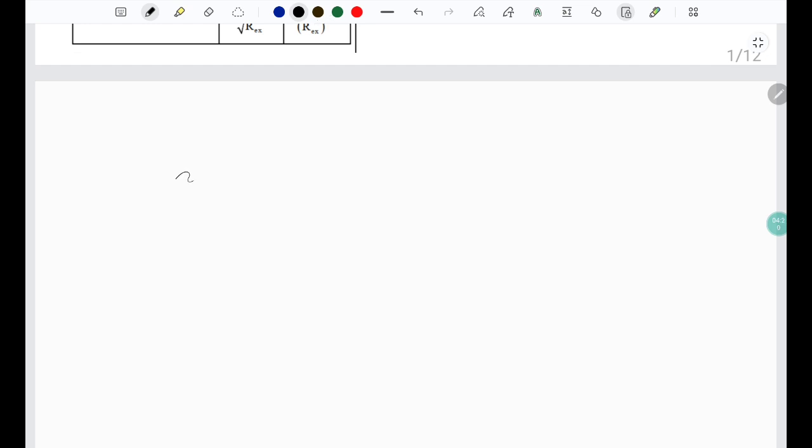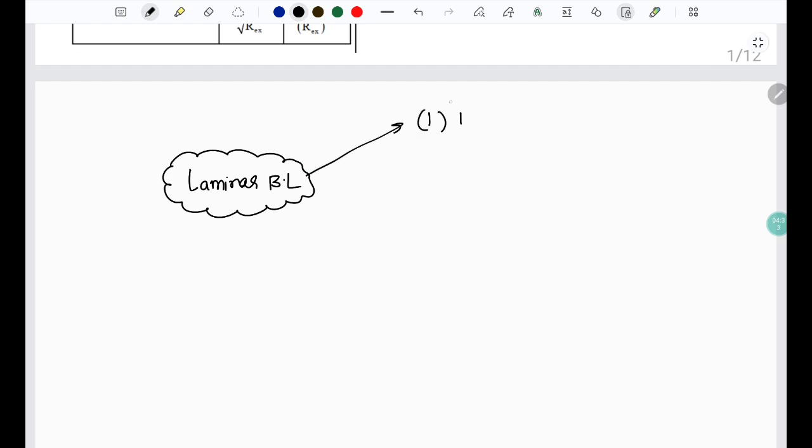So one can summarize that for laminar boundary layer, one can keep these values in mind. First is your delta, that is your boundary layer thickness, equal to 5x upon root under Rex, where Re is the Reynolds number and x is the distance from the leading edge.